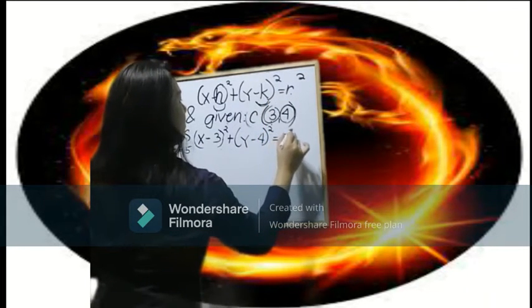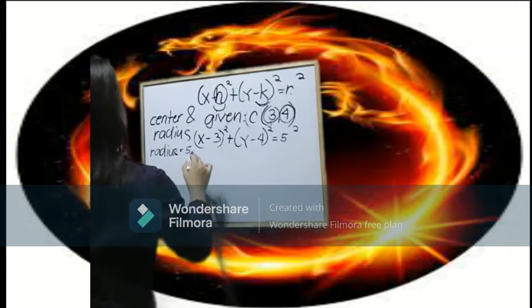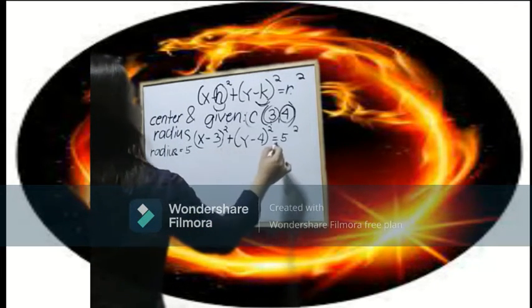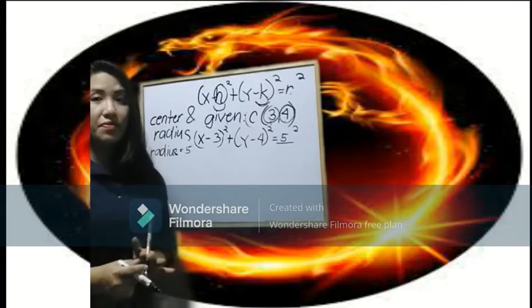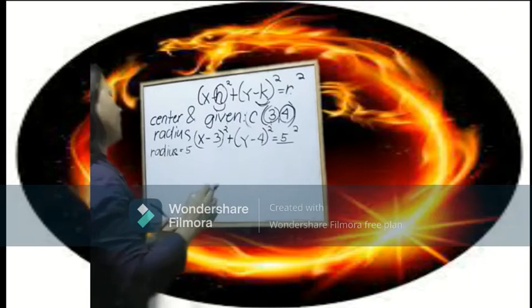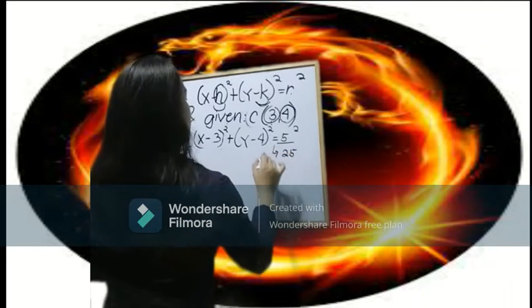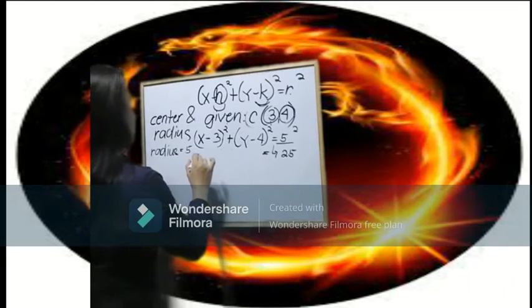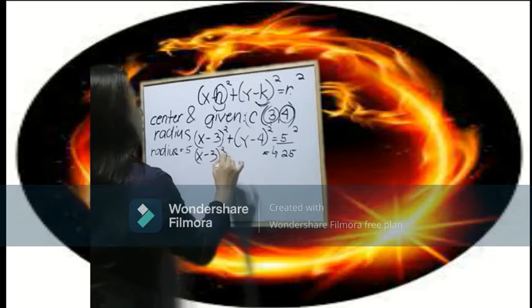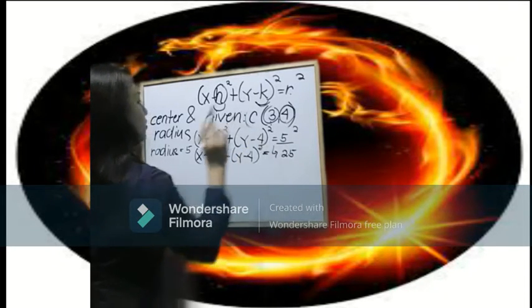That will be 5^2. This can still be simplified, right? You know that 5 times 5 gives you 25. So your final equation would be (x - 3)^2 + (y - 4)^2 = 25.